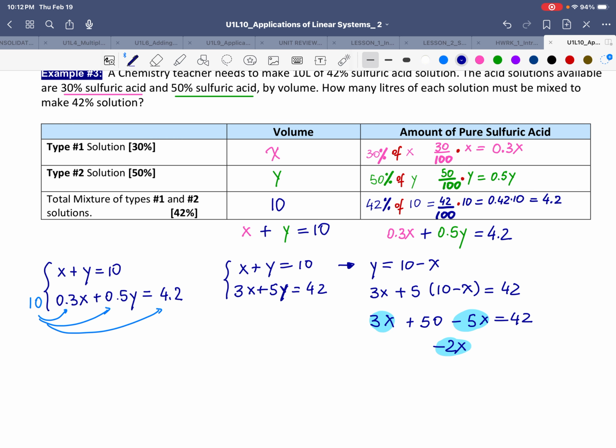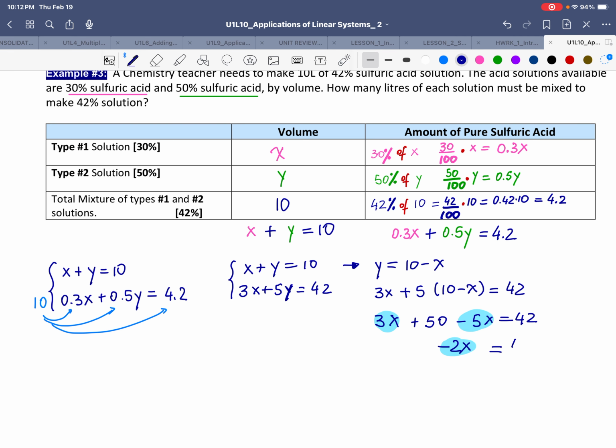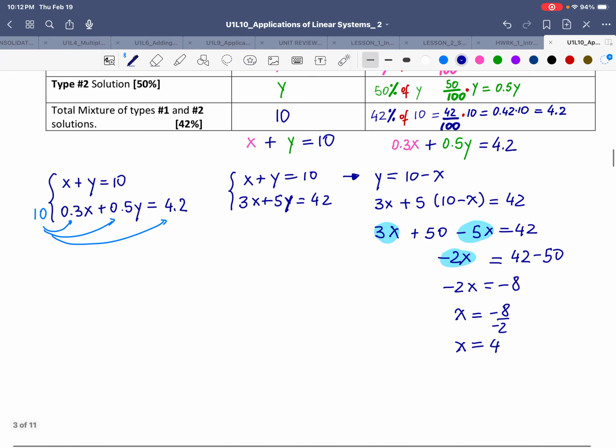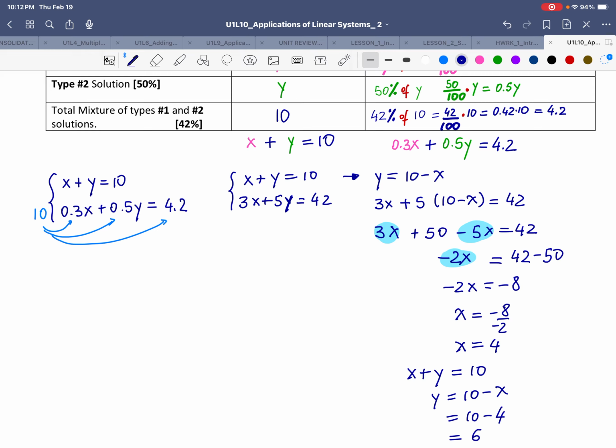And on the other side of the equation, we'll have 42 minus 50. 42 minus 50 is equal to negative 8. x would be equal to negative 8 over negative 2, or x will be equal to 4. So if x equals 4, knowing that x plus y is 10, we're going to say y equals 10 minus x, or 10 minus 4, which is 6.